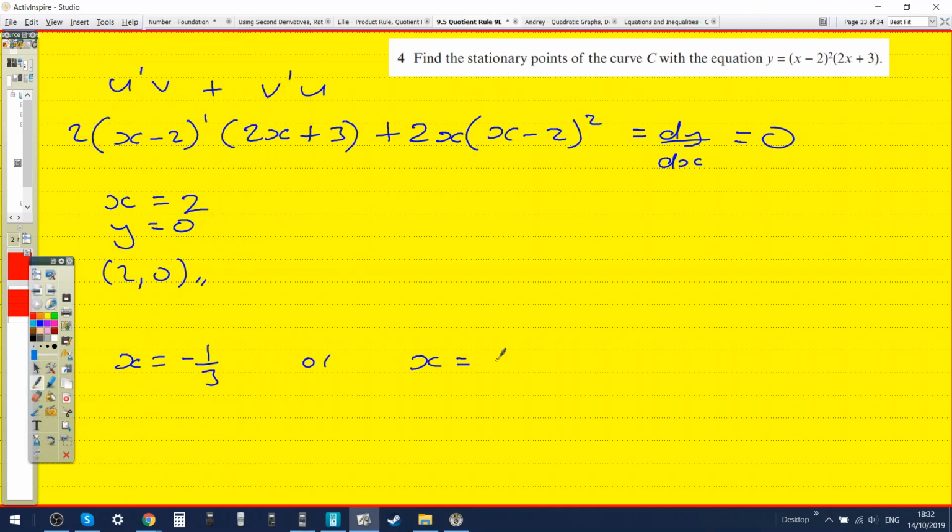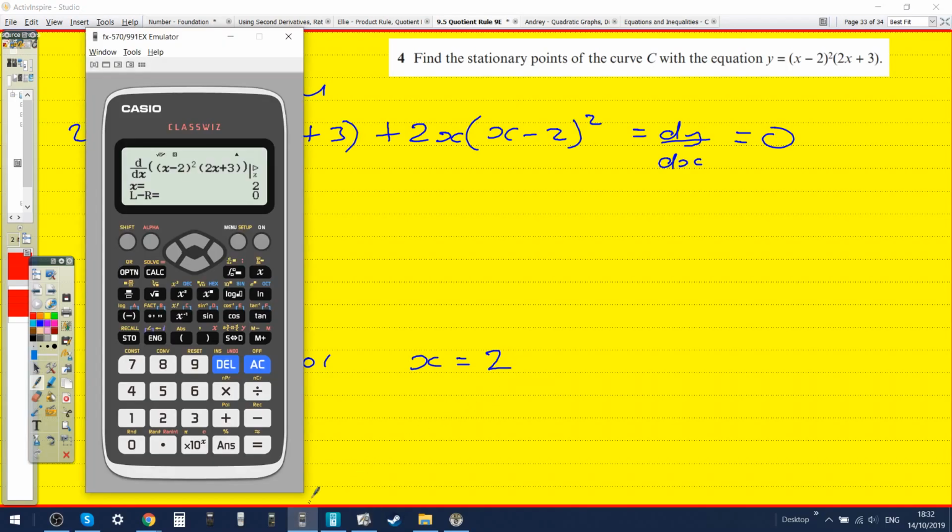So put in minus a third, see what you get for y. It depends on your initial value, I believe. I'm not very familiar with the graphical one, but the solver only gives one answer. When you do solve, you have to choose some initial value. If you choose the initial value, let's say minus 9, that'll probably find a negative answer.